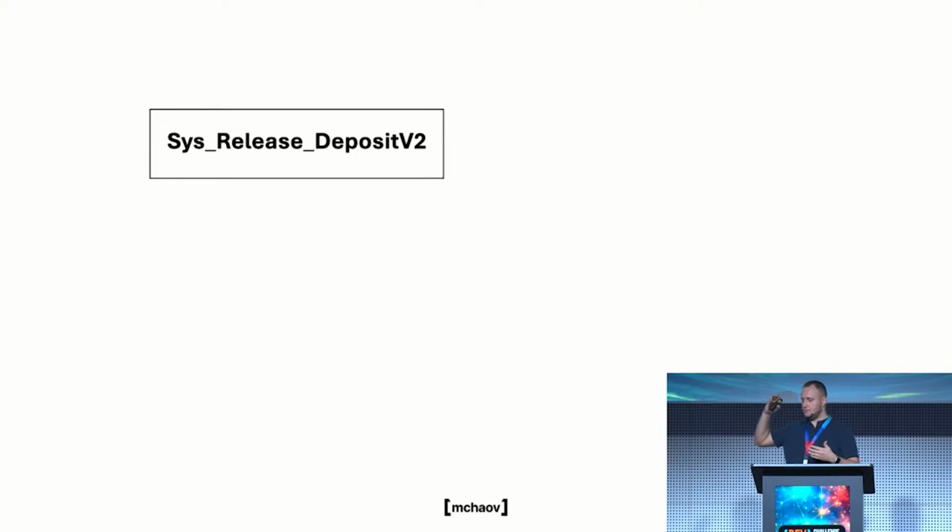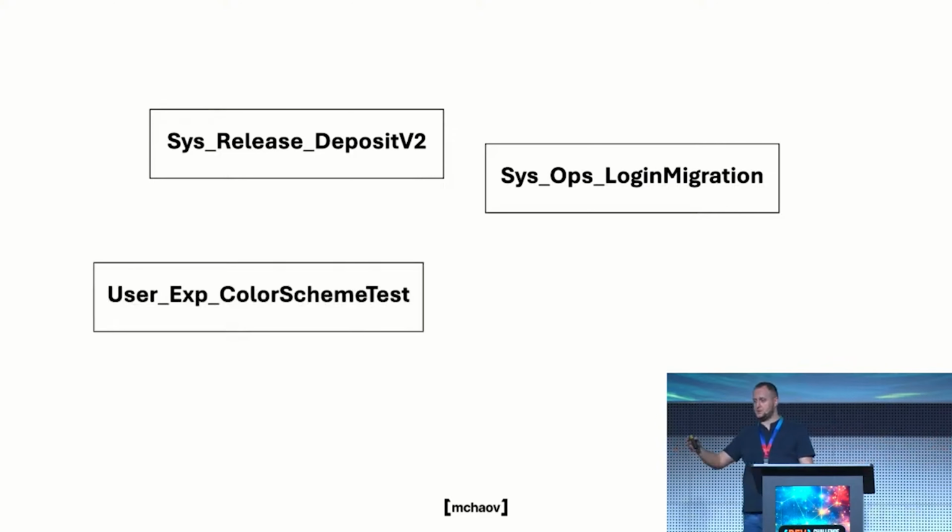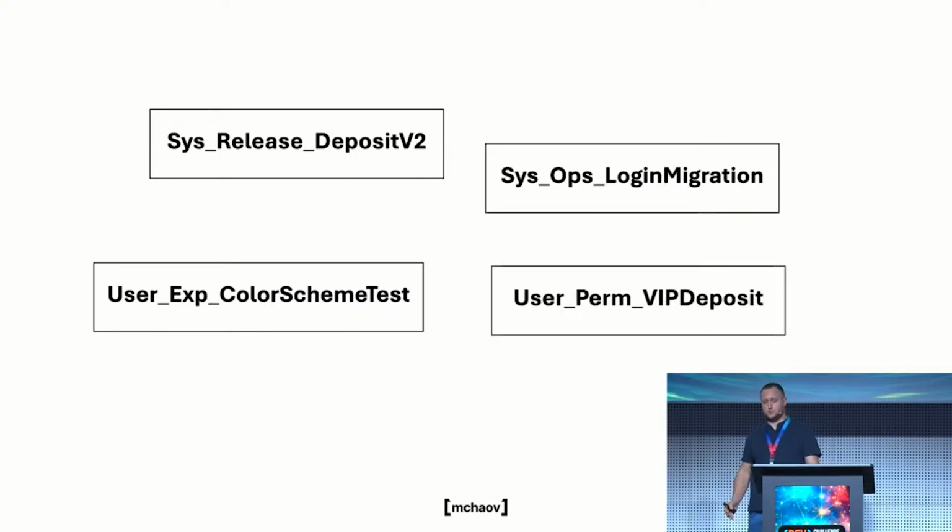So if one team wants to release a new version of how we do deposits, and we have another team that is working on migrating to a new MFA provider, and we have another team working on some user experimentation about scores, teams, and so on, and we have a different type of team which is working on a customized experience for some of our VIP users.